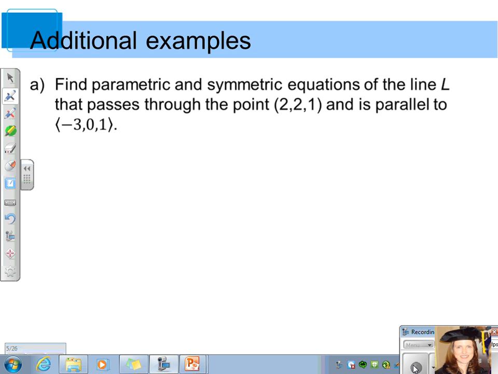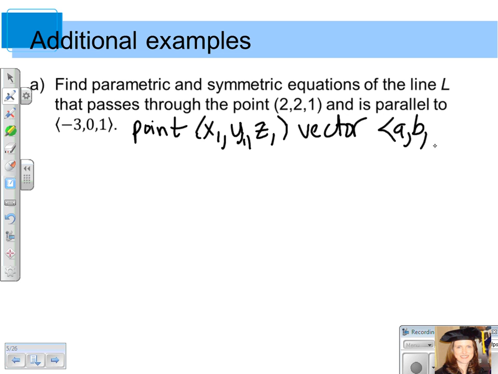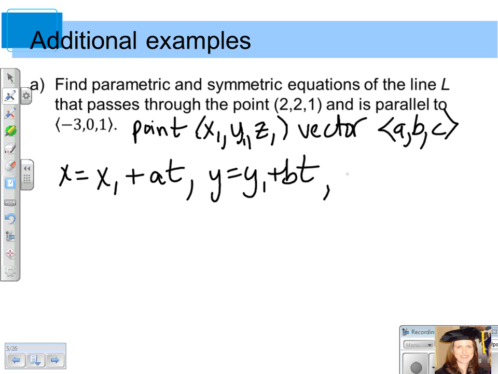To find parametric equations for a line, you need a point with coordinates x1, y1, and z1, and you need a parallel vector with components a, b, and c. So the parametric equations would be x equals the x value from the point plus at, y equals y sub 1 plus bt, and z equals z sub 1 plus ct.